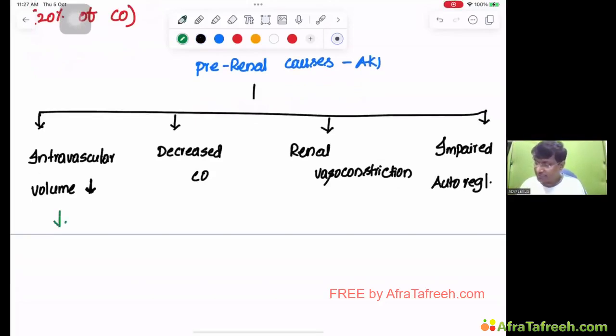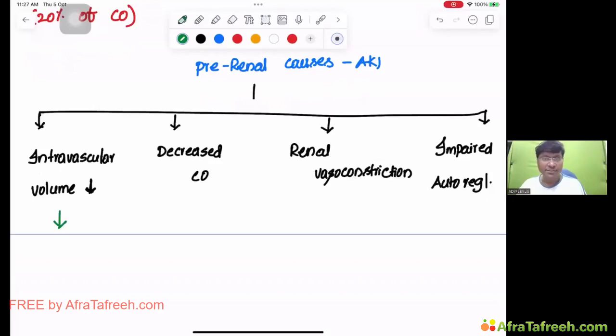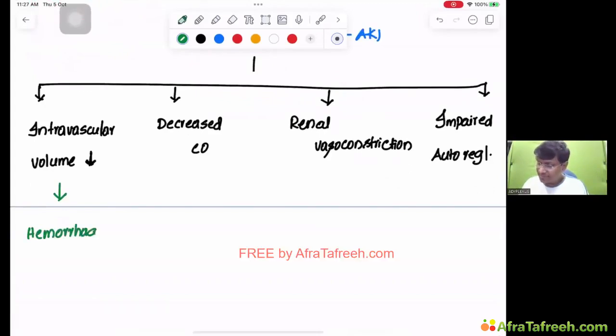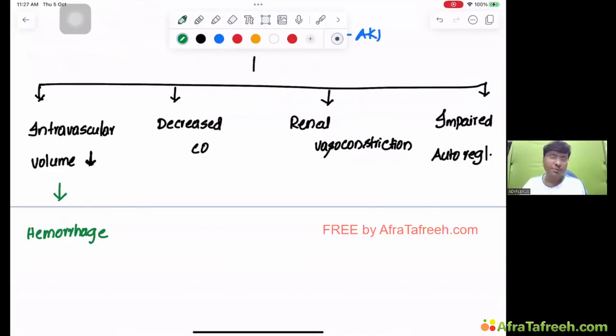Now, what are the conditions where there is intravascular volume depletion? You can have that in hemorrhage. So there is some road traffic accident, or the individual had any trauma, or has undergone some surgery. Or postpartum hemorrhage, there will be intravascular volume depletion.